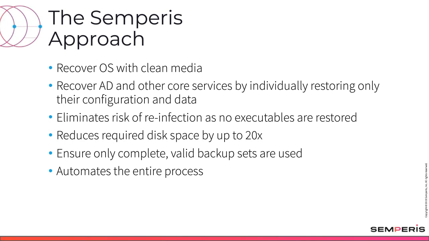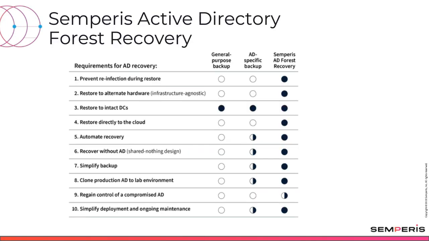That's been the goal from day one with the product, and we think we've done a pretty good job of achieving that versus generic backup, like the Microsoft manual approach, or AD-specific backups, by giving you as much flexibility as possible during the Active Directory recovery process, and not assuming any part of Active Directory is up and running.